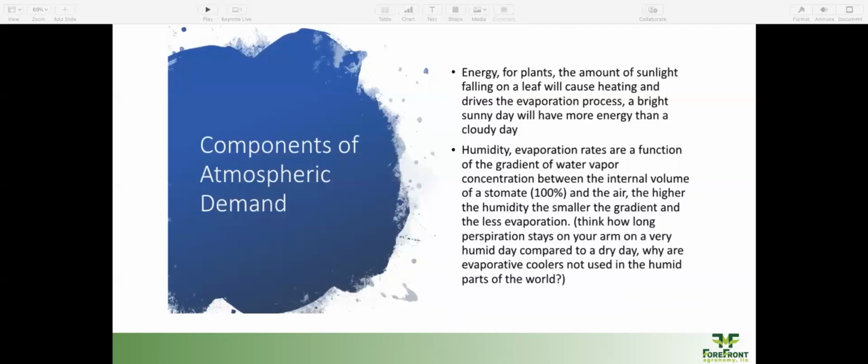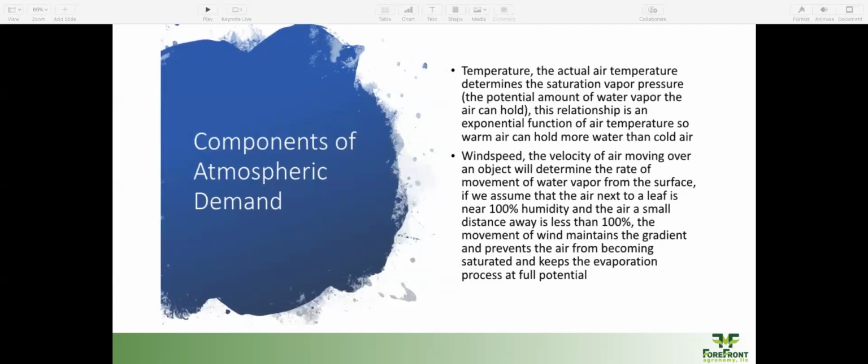Another factor in atmospheric demand is humidity, which we don't have a whole lot of out here for various reasons. But basically, it is a function of that gradient of water vapor between near 100% saturation of air in the leaf versus less than 100% saturation outside of the leaf. And so it's something that we've got to account for.